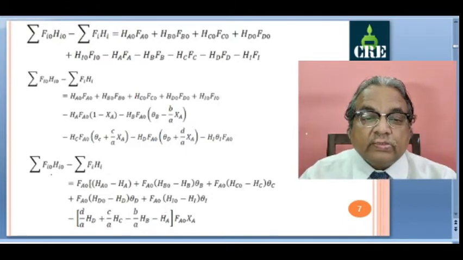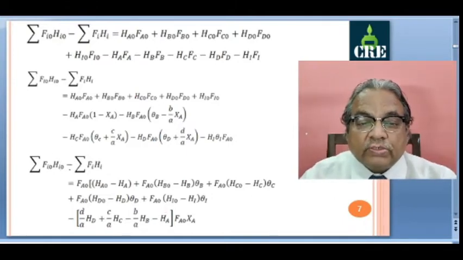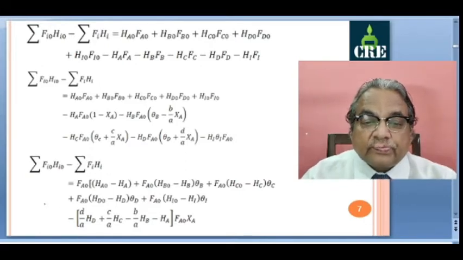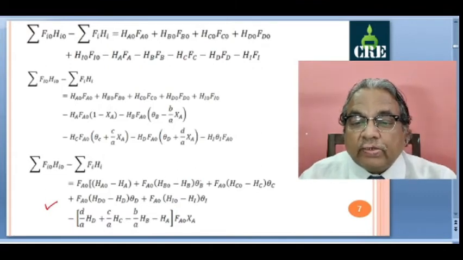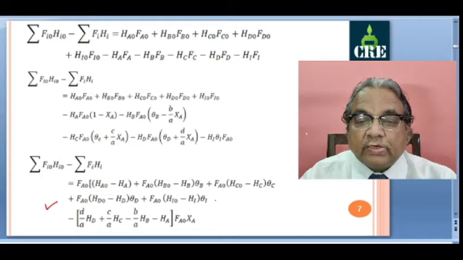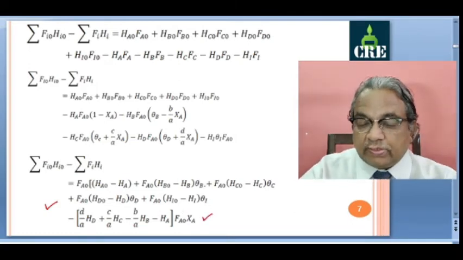So we can write this summation of Fi0 Hi0 minus summation of Fi Hi as this equation. What we have done is collected the terms for the thetas, that is theta b, theta c, theta d and theta I, and also collected these terms d by a, c by a, b by a, and this is a by a, that is 1, and this Fa0 XA term is taken outside.